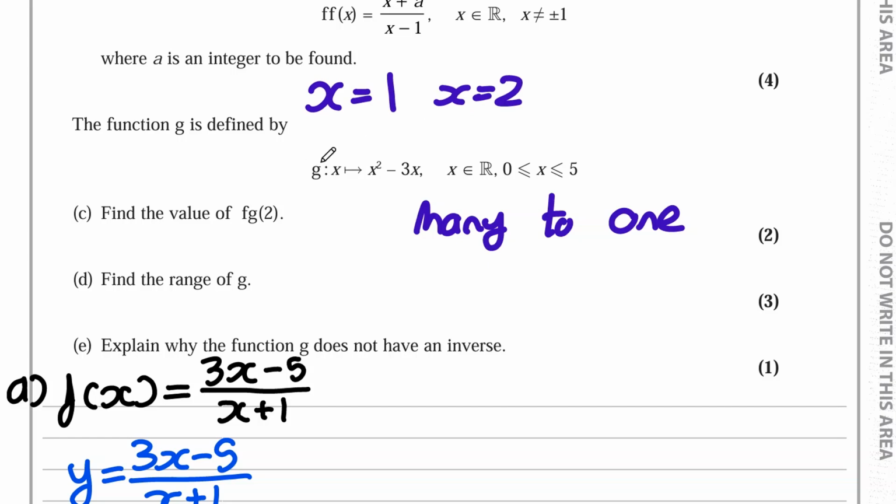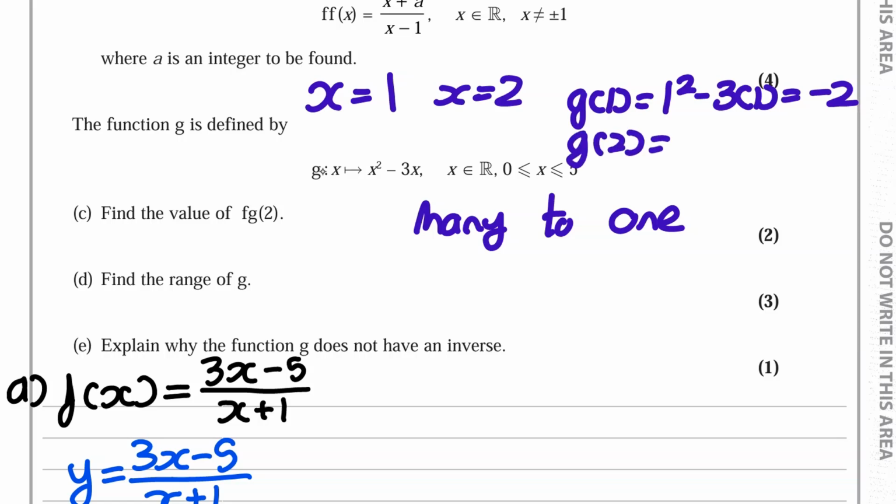If you sub in x is equal to 1, so this is going to be g of 1, this is equal to 1 squared minus 3 times 1, which if you put this into your calculator is equal to minus 2. If you sub in x is equal to 2, this is equal to 2 squared minus 3 times 2, which if you put into a calculator is equal to minus 2. So both of these x values give out the same y value. This is a many to 1 mapping.